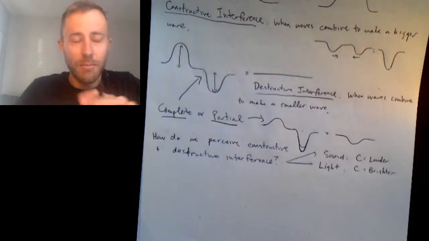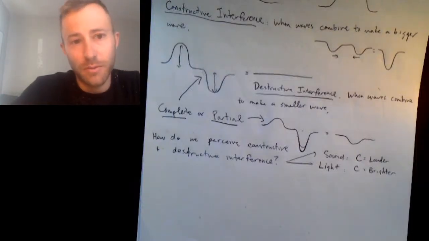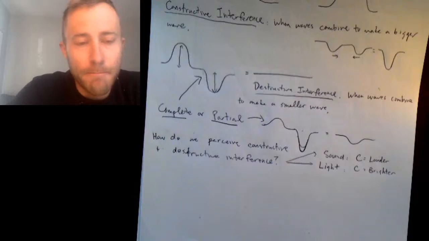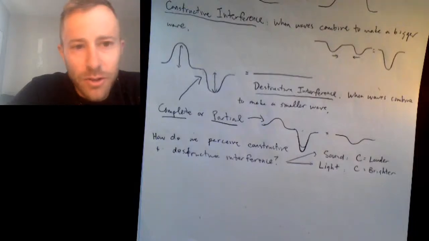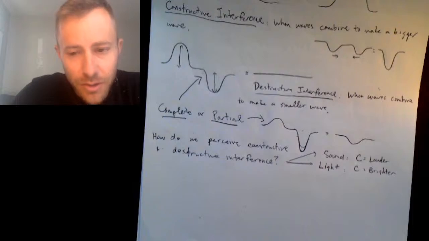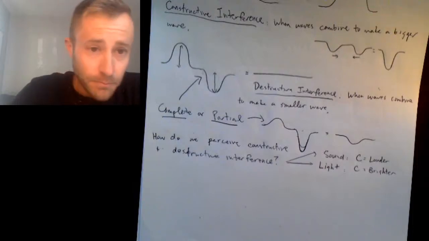And so you get massive constructive interference of light waves, and that's why they're so bright. In fact, laser is an acronym that stands for light amplification by stimulated emission of radiation.